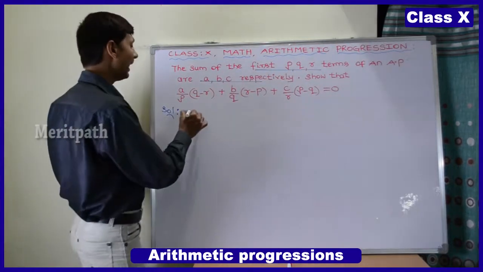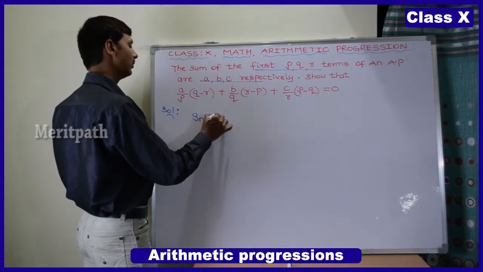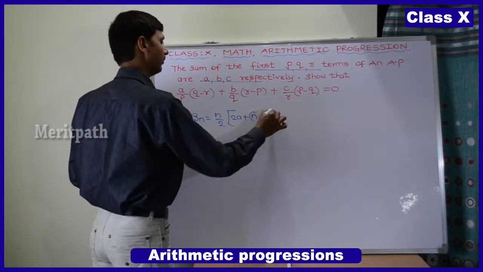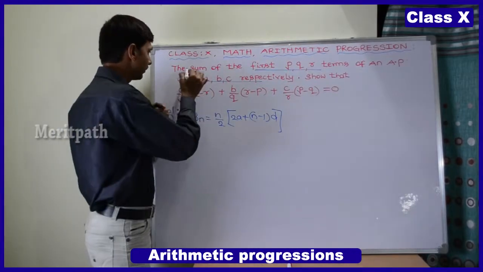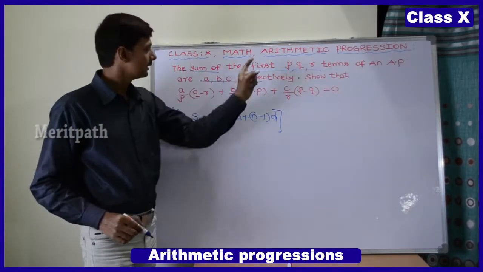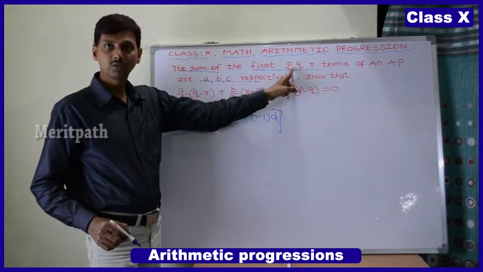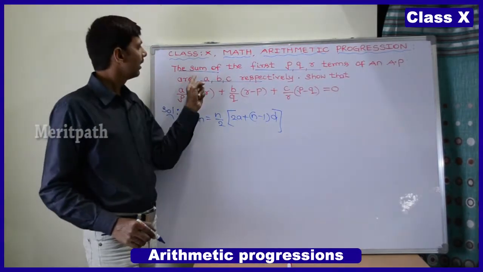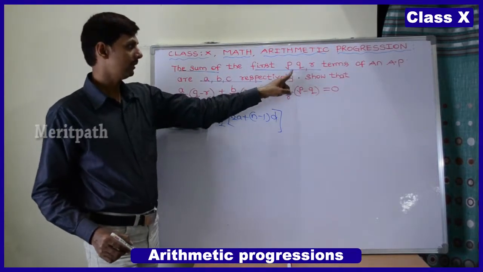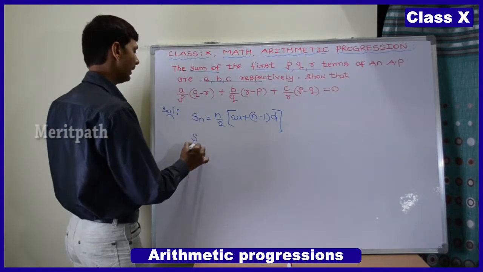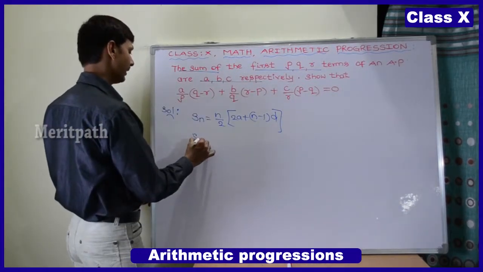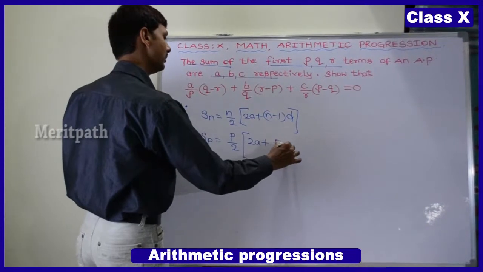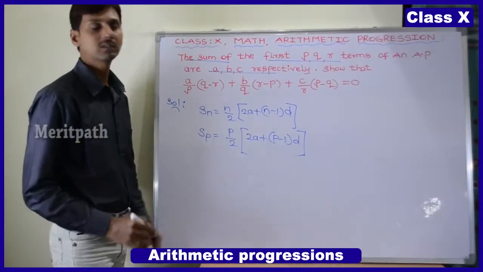We know that the sum of n terms of an AP is Sn = n/2 [2a + (n − 1)d]. Here we need to find the sum of P terms, so Sp = p/2 [2a + (p − 1)d].